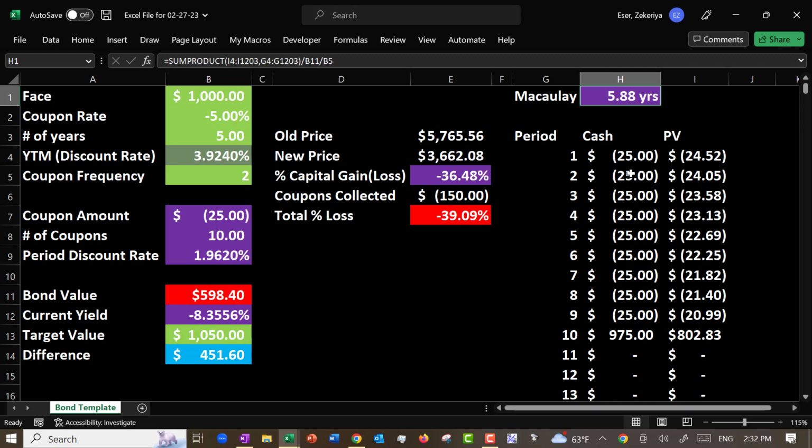There's a reason I put this possible negative coupon. Some interest rates in Europe are negative, okay? For example, let me go to German bonds.